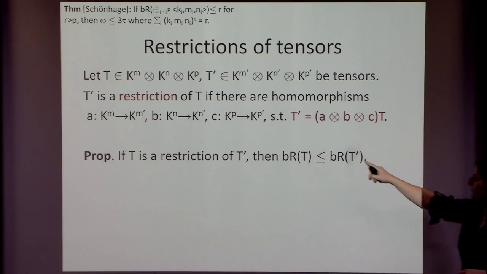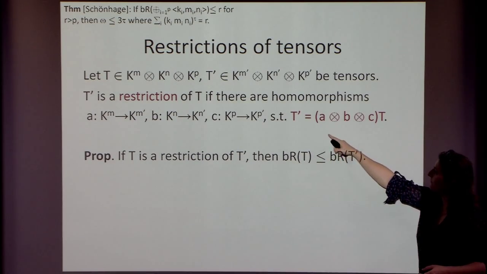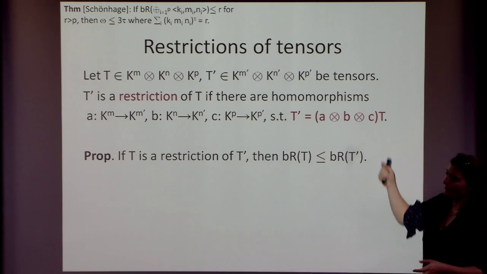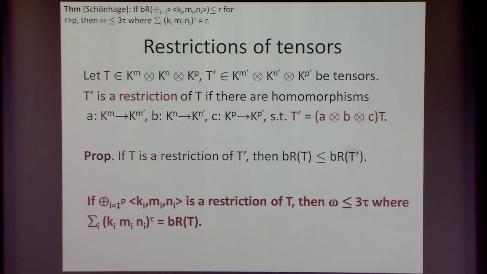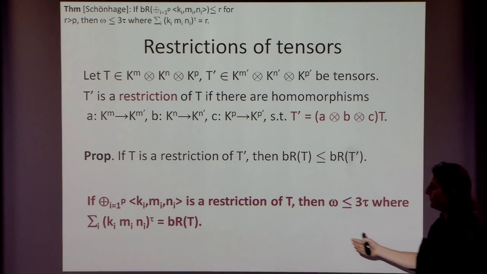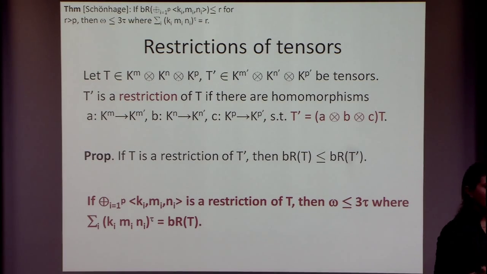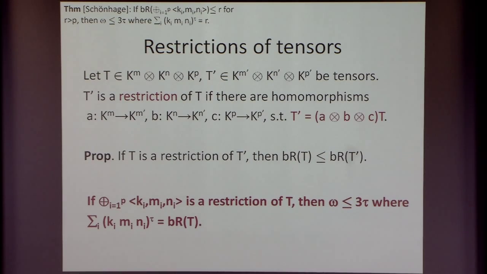T prime is a restriction of T if you can obtain it by mapping the individual vector spaces of T into the ones of T prime. And the nice thing is that if T prime is a restriction of T, then its border rank is at most the border rank of T. So this gives another approach. I take a tensor, I bound its border rank, and I show that a direct sum of matrix products is a restriction of it. And then I immediately get a bound on omega. There have been some papers that do this.